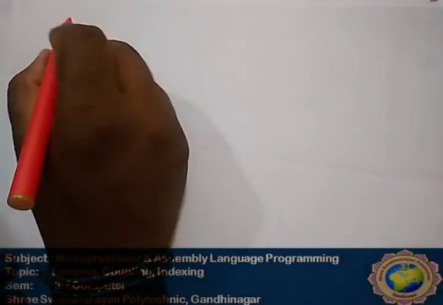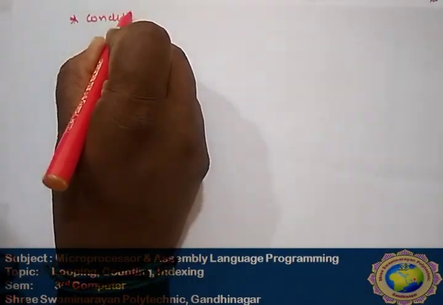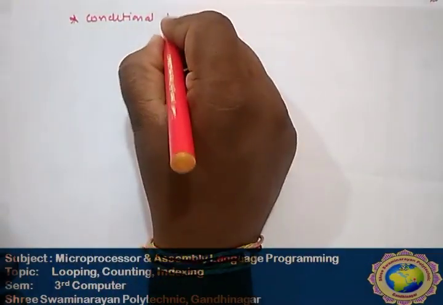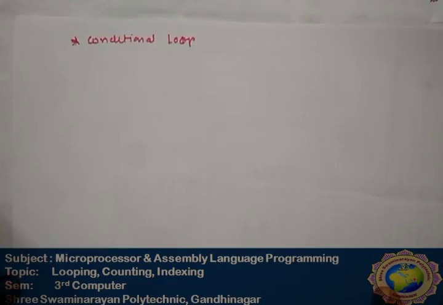Now the next part is the conditional loop. In the conditional loop there is a use of conditions that we have already studied: jump if carry, jump if not carry, jump if zero, jump if not zero, jump if parity even, jump if parity odd, jump if minus and jump if plus.